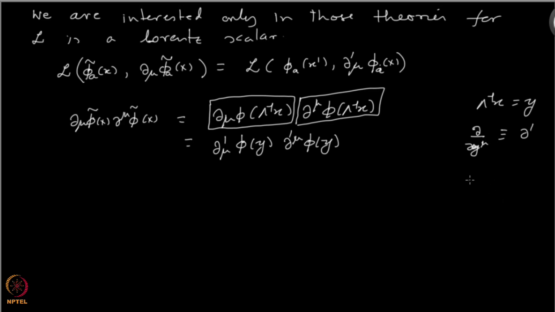Okay, let me remind you, if you have x square, this x square is invariant under Lorentz transformations. Why? Because when you do a Lorentz transformation, a boost or whatever, x mu goes to x prime mu, but x square remains unchanged, meaning x square still is x prime square, and this is only possible if the transformation property of mu up cancels against the transformation property of mu down.